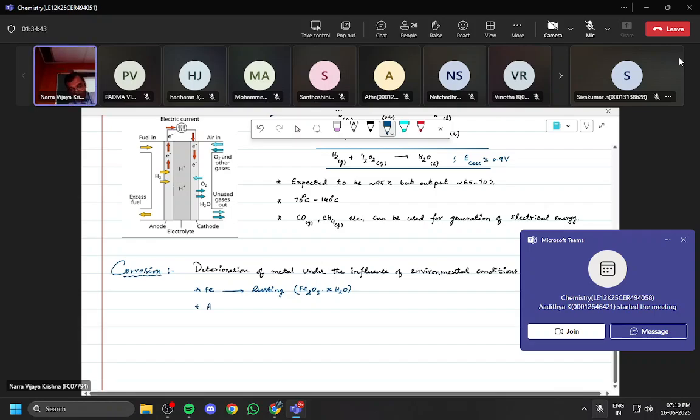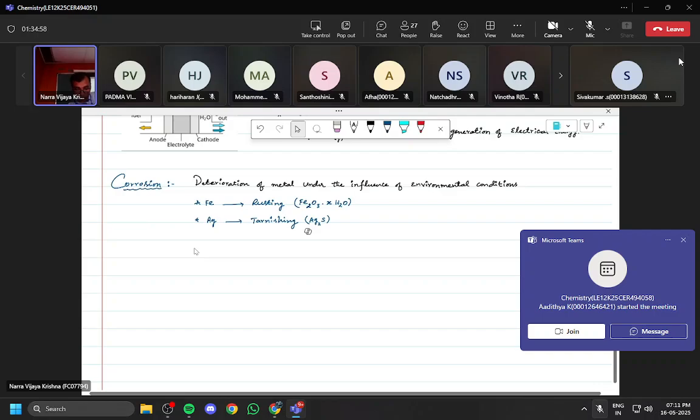If it is silver, what do we call it? Tarnishing of silver. Silver converts into silver sulfide. If it is copper, what do we call it? Patina of copper. You will get that green color. If you store water in copper beakers, you will see a green colored layer.